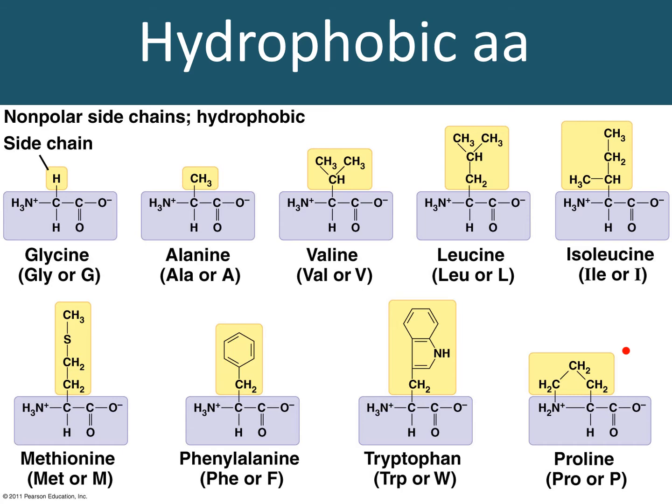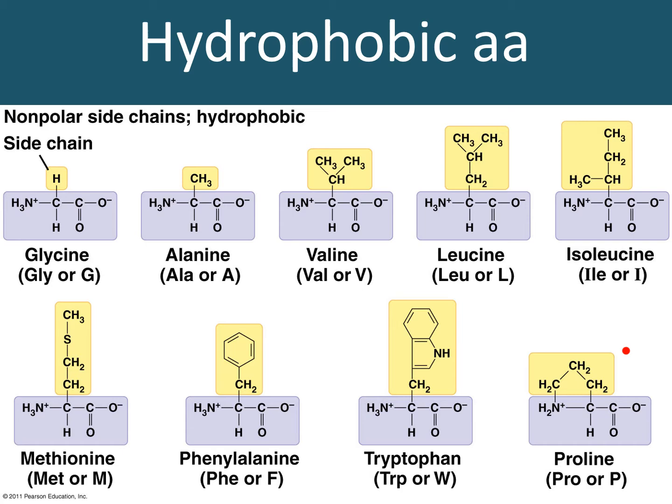This is a table of the hydrophobic or nonpolar amino acids. The side chain or variable groups are highlighted in a yellow box. Notice the simplest amino acid, glycine. Its side chain is a single hydrogen atom. One characteristic all nonpolar amino acids share is that their side chains are mainly composed of hydrocarbons.